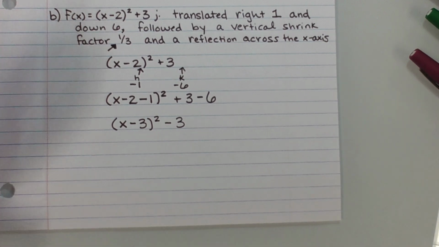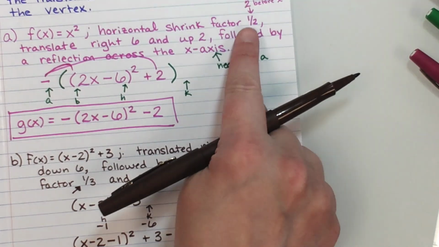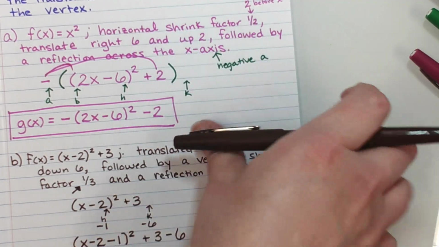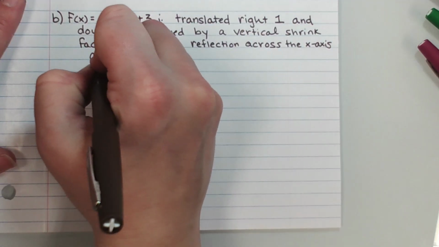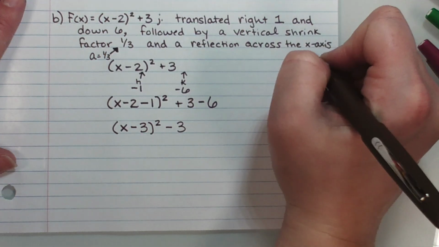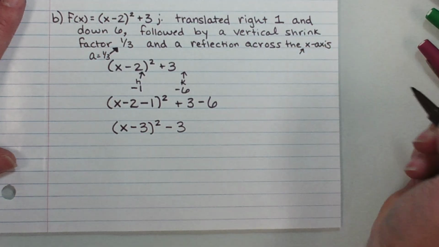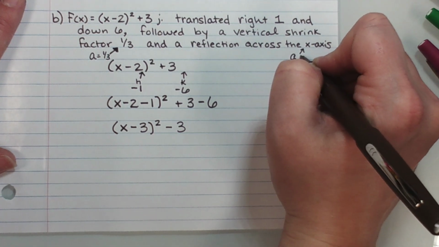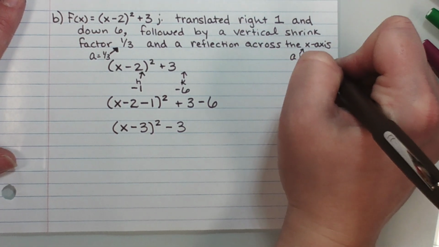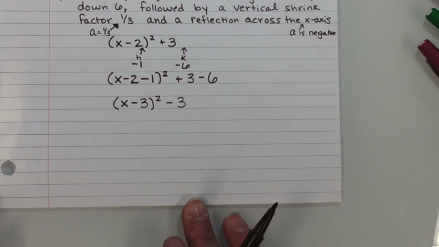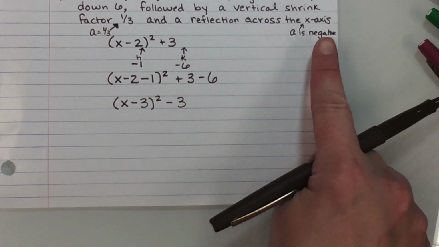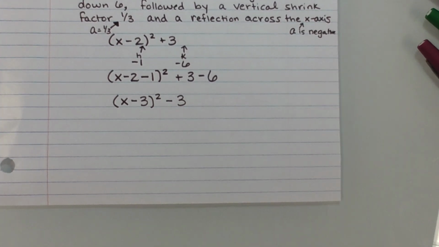It's when it's horizontal that you're flipping it. That's when you have to do that reciprocal, when it's horizontal shrink or stretch. When it's vertical, it's that number. It's telling you A is going to be 1/3, but furthermore, the reflection across the x-axis is telling you A is going to be negative. So in the very front, I'm putting negative 1/3.